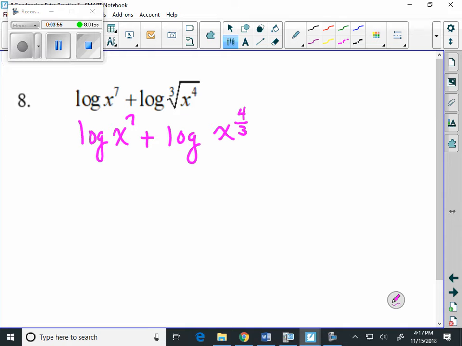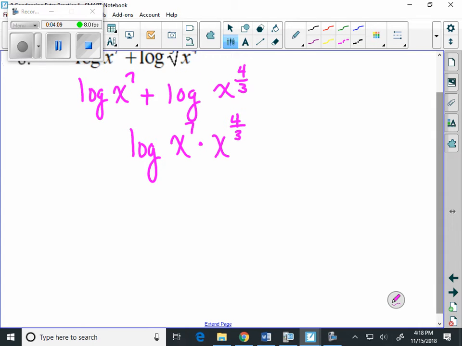And now what we have is a plus in this problem, so we're going to use the product property of logarithms. We're going to multiply x to the 7th times x to the 4/3. But when we multiply terms with exponents, that means that we add the exponents.